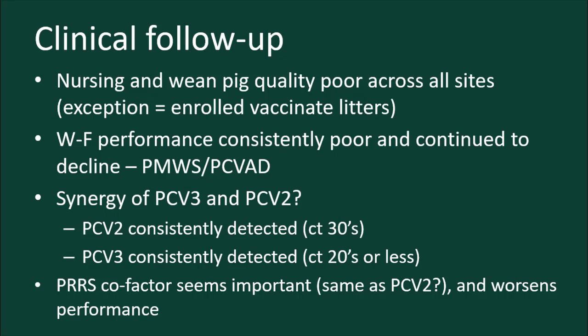But in these pigs, same pigs, PCV3 is consistently detected in the low 20s or less on PCR. So I'm not sure. It's a question I'm throwing out there that hopefully someone a lot smarter than me will take a look at. I also believe PRRS remains an important cofactor and worsens performance in these pigs.